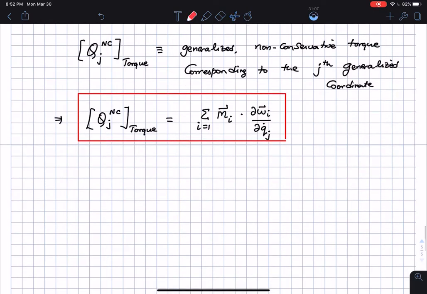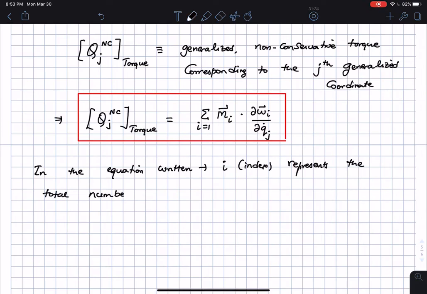Now the important thing is this: what does the index I represent? In the above equation, I represents the total number of applied or non-conservative torques.